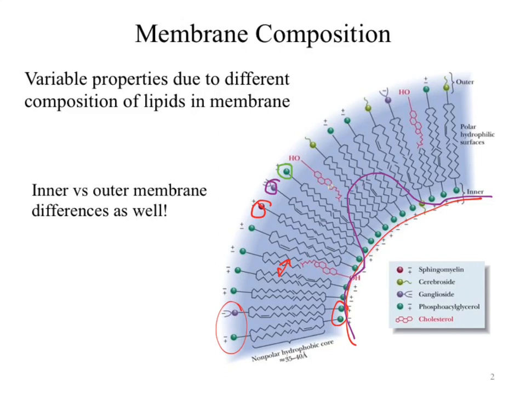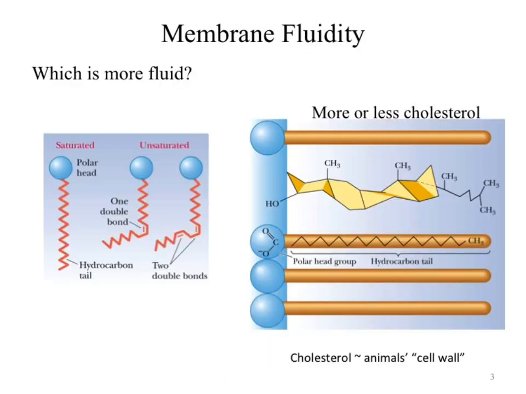Okay? So by changing the fatty portion of our lipids, we're going to change ultimately the dynamics of that membrane, and it could become more porous or less porous depending on what we're working with. Okay? Membrane fluidity. So this is the figure I was looking at.